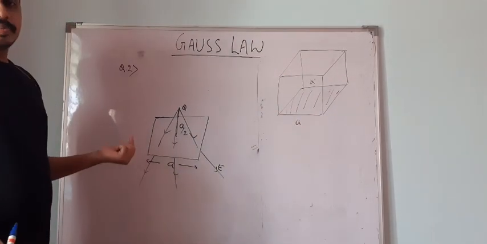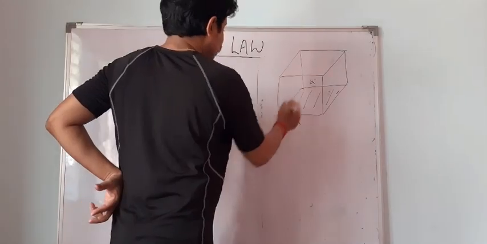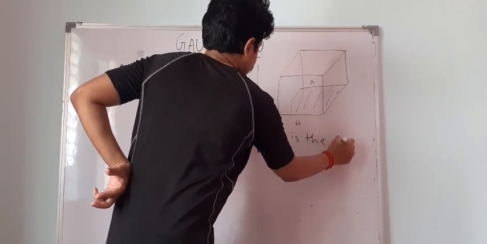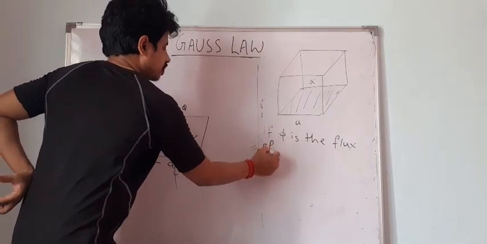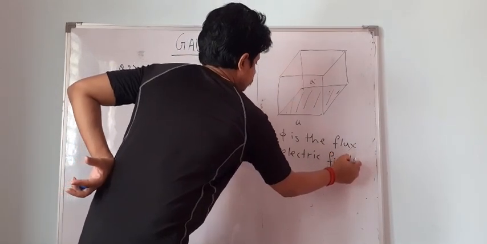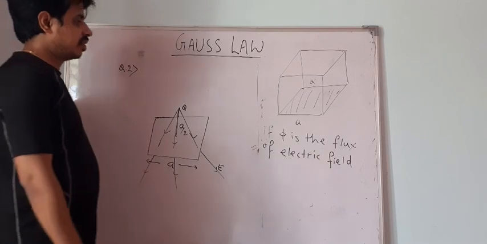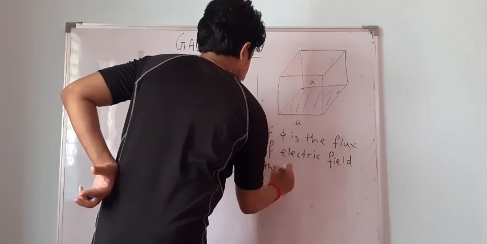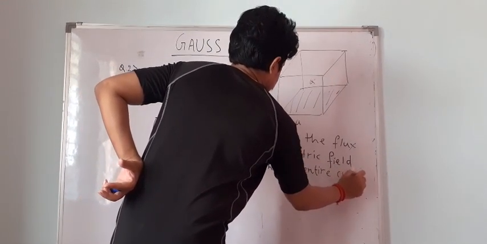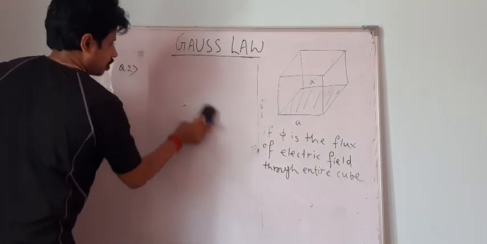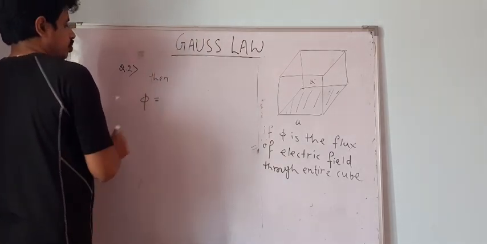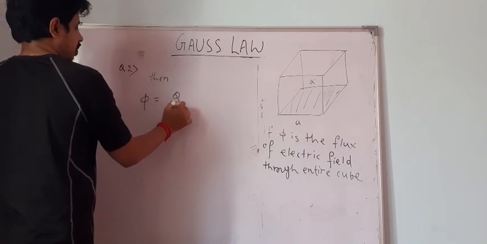Now I can apply the Gauss law. So if phi is the flux of electric field through the entire cube, then phi must be equal to Q by epsilon naught.